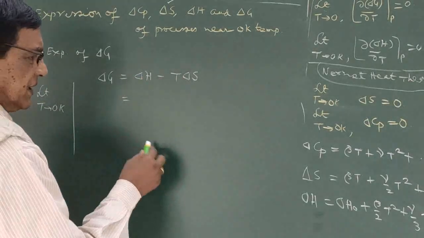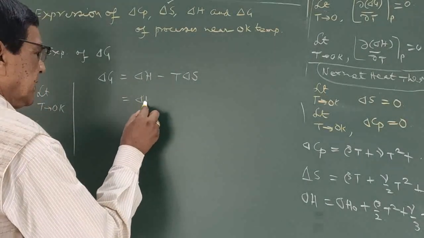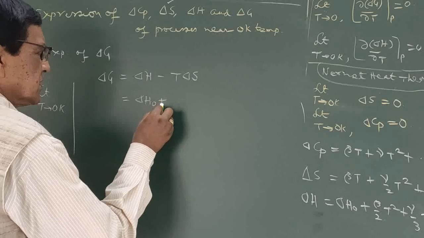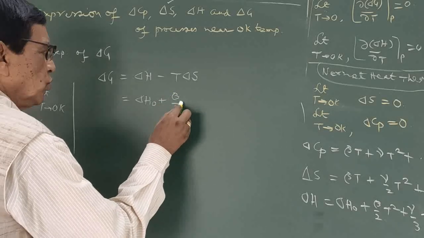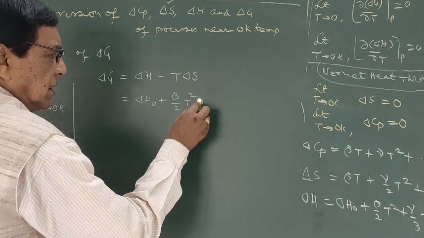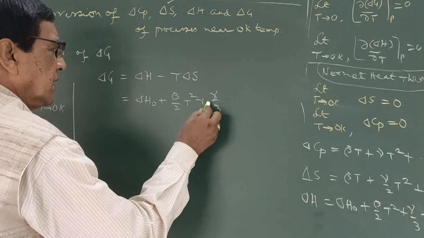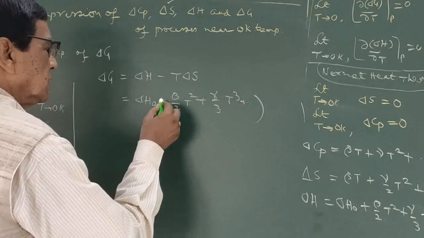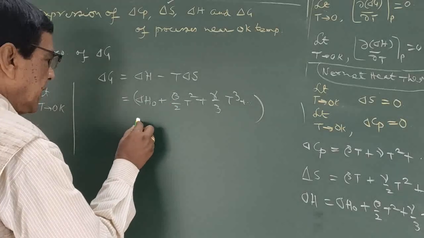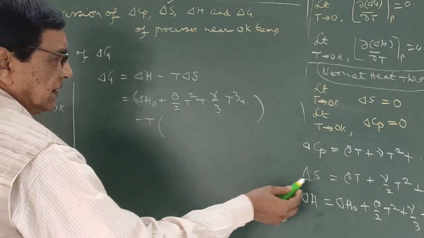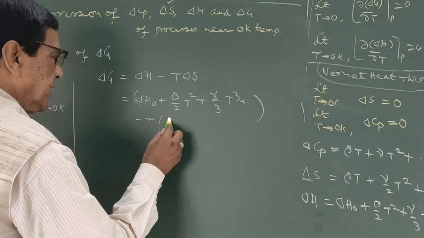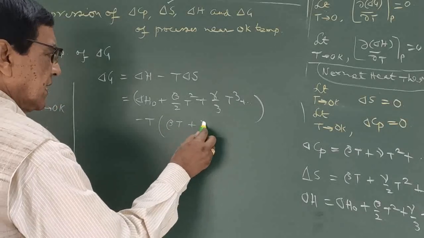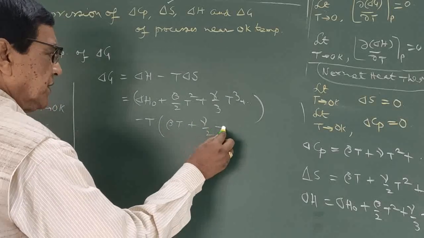Instead of delta H, we can write delta H naught plus beta by 2 T square plus gamma by 3 T cube plus so on, minus T into, instead of delta S, we can write beta T plus gamma by 2 T square plus so on.